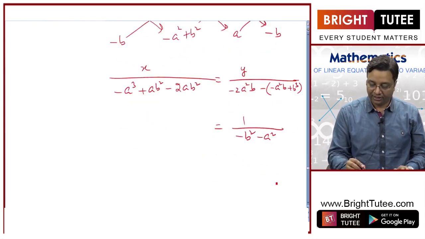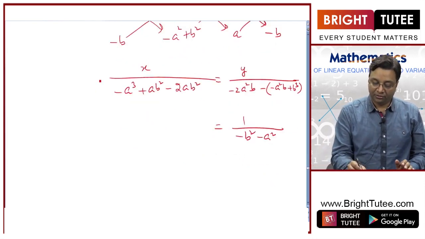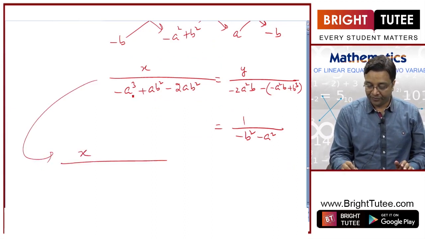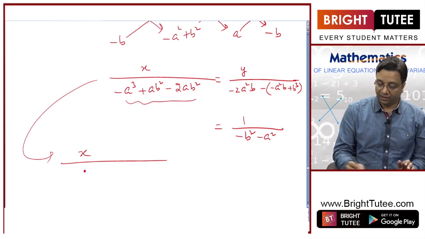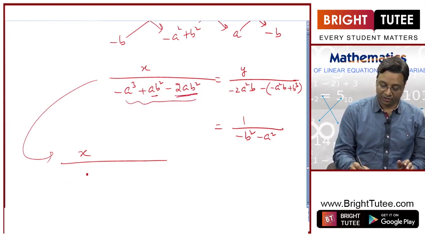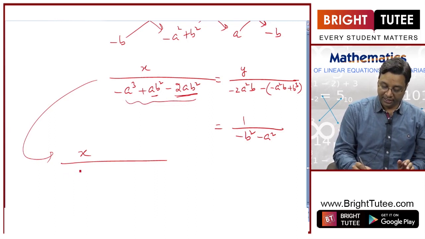Okay. Again we have simplified it. Now you further simplify it, x divided by this. From this what can you take as common? Otherwise this is minus 2ab square, this is plus ab square. So, let me first write it, then I will take common: minus a cube minus ab square, right.